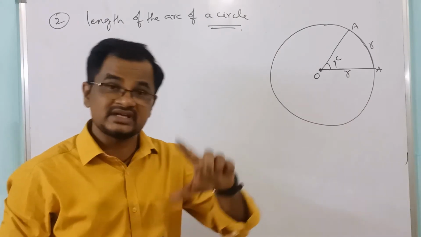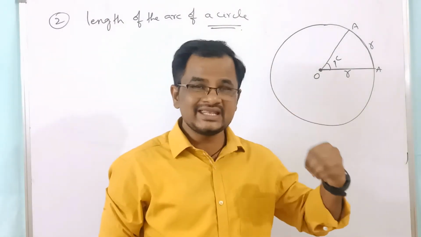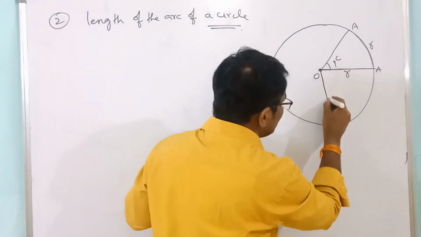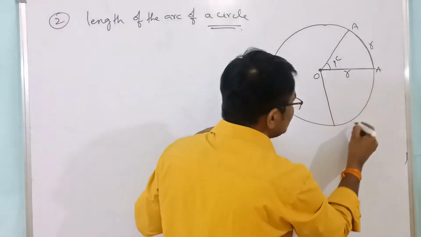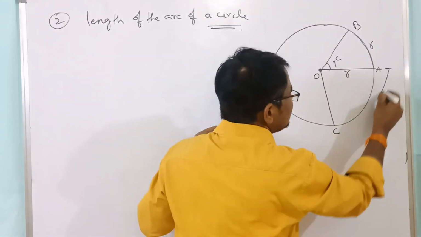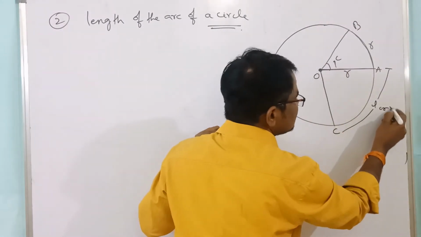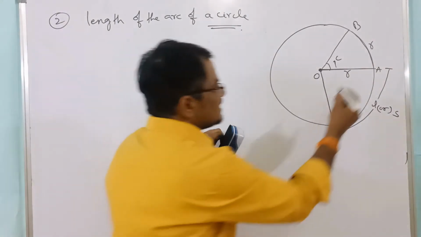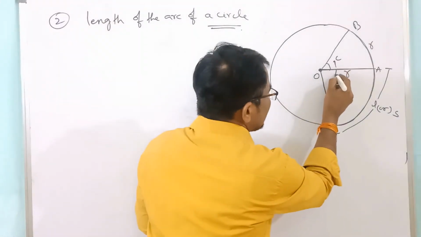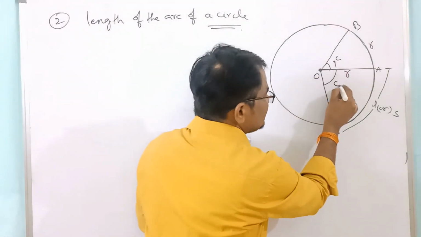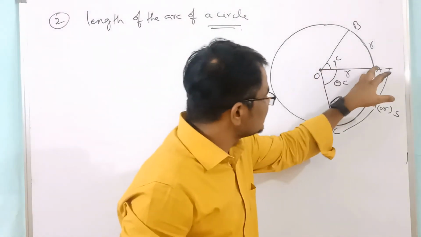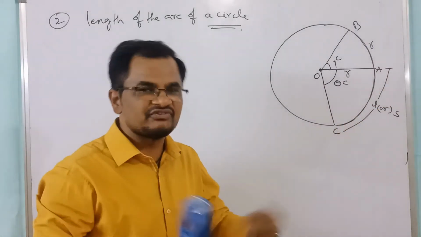Now, suppose you take one more like this, here to here, this is C and this as B. Here to here distance is L, or in some books S they also mention. This is the length of the arc. Now the angle subtended at the center of the circle, here I will take theta radians, because this one is different.